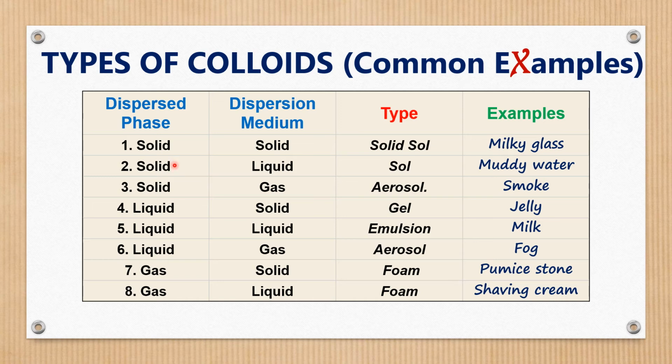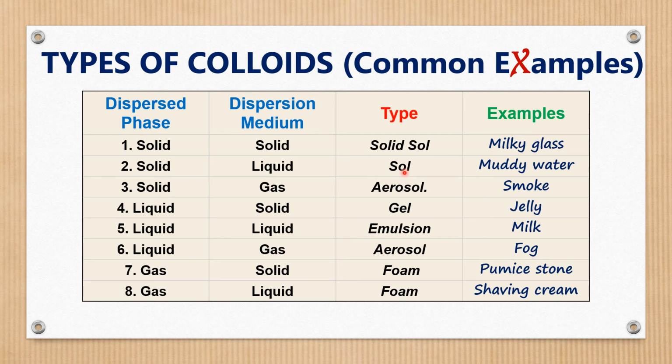So here the major part, the medium, is liquid, the dispersed phase is solid, and the type is sol. Examples are muddy water and milk of magnesia, a medicine used as an antacid, which gives relief from acidity to our stomach.